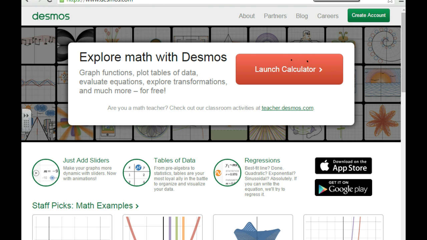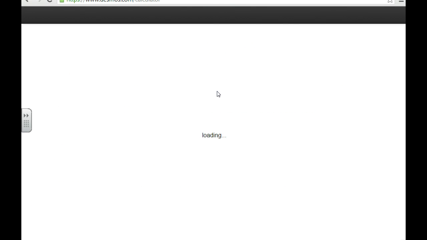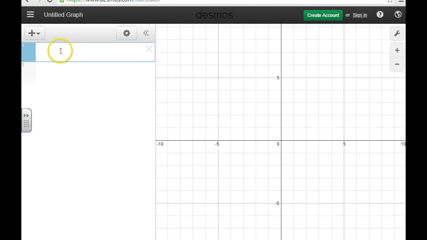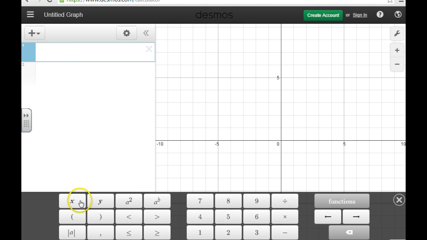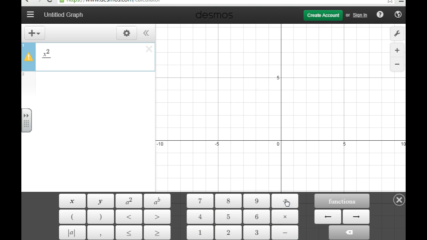Remember, on here, we could actually type x squared over, was it a 4? I don't remember what we had.